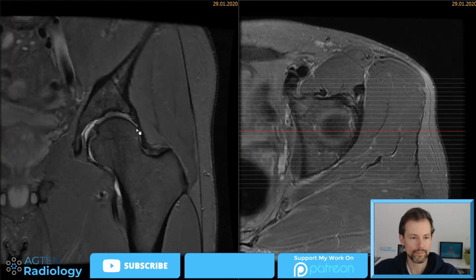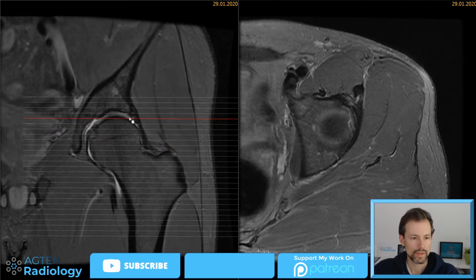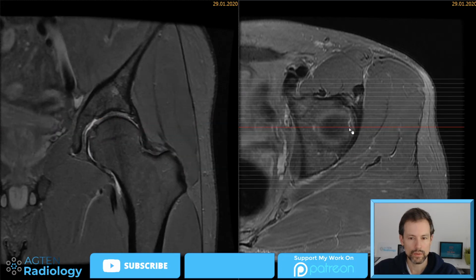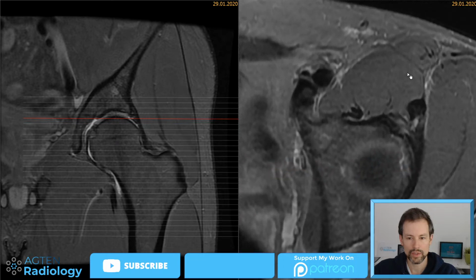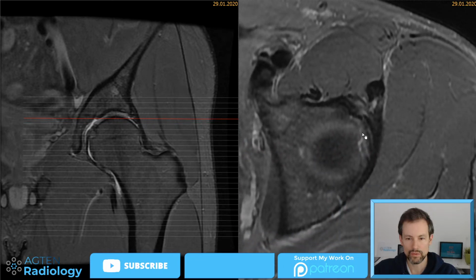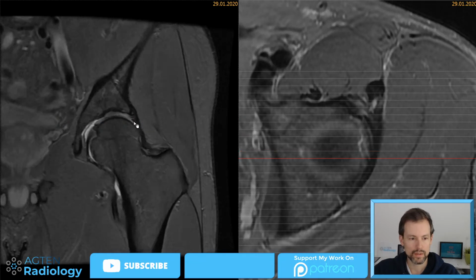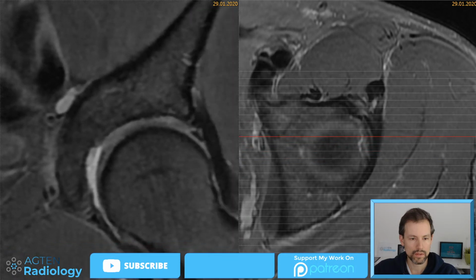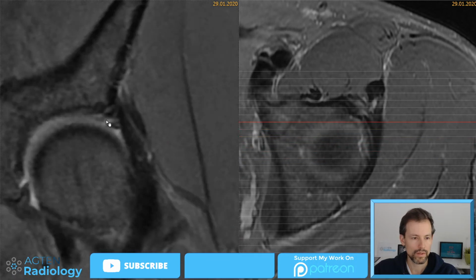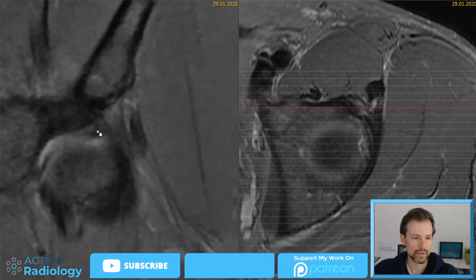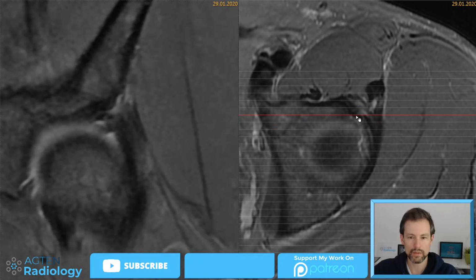We see it here first, at this area, and I think we can already appreciate this kind of fissure here, and it probably lasts up to here. It's hard to say. We can see it here, we can see it here. Let's go bigger. Here the chondrolabral junction is still damaged, this one as well, so it goes up to here, so certainly from here to here.